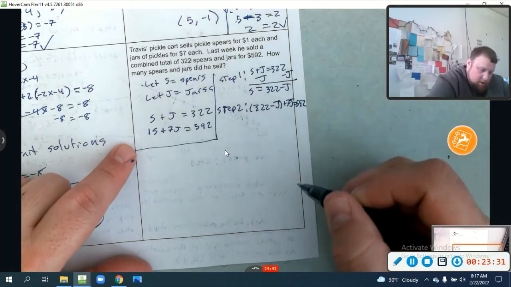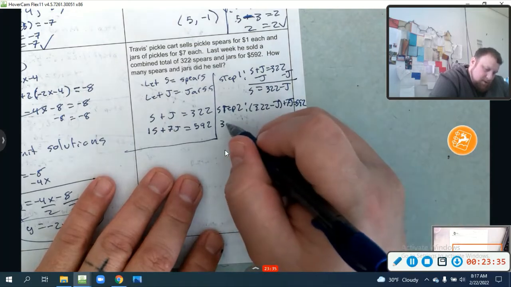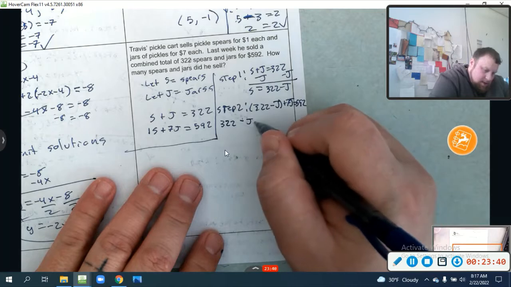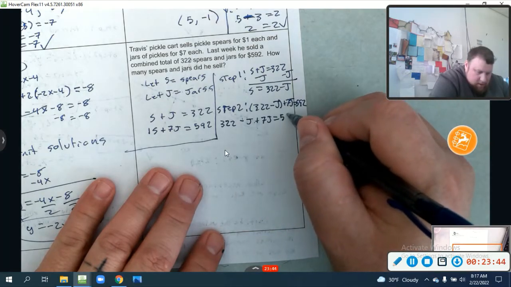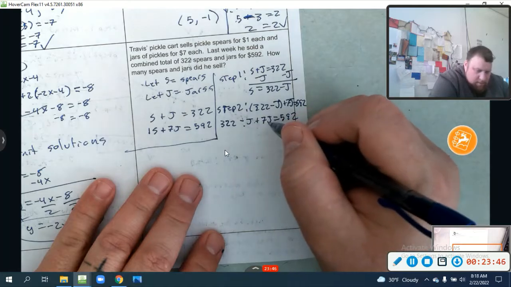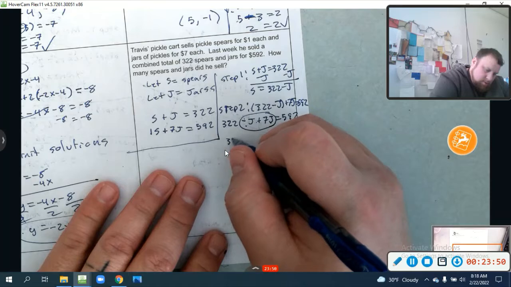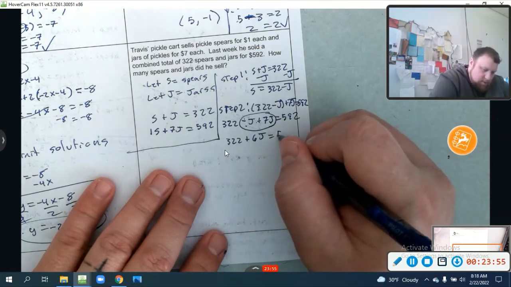I'm running out of room, aren't I? So again, I'm just going to rewrite this because those parentheses are unnecessary. So 322 minus J plus 7J equals 592. Negative J plus 7J, that's going to be plus 6J, right? So 322 plus 6J equals 592.